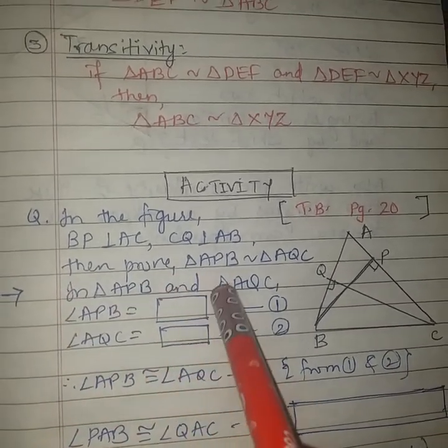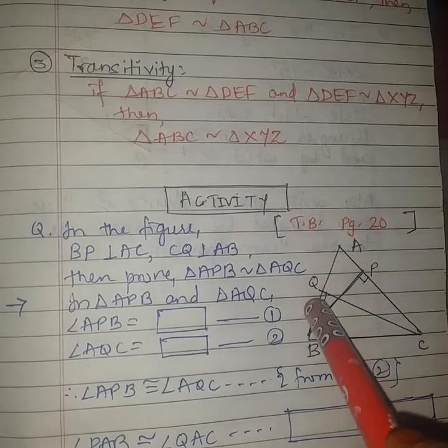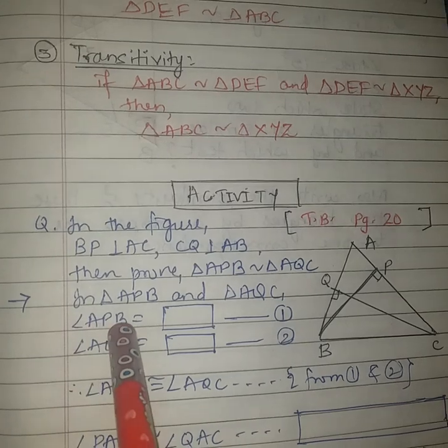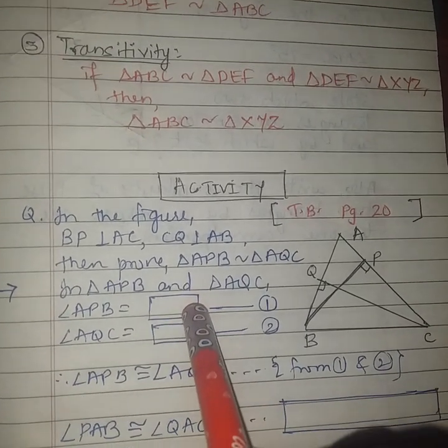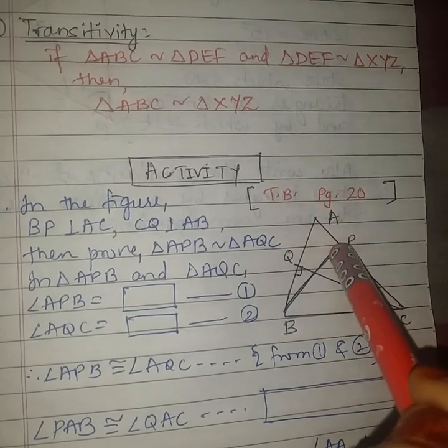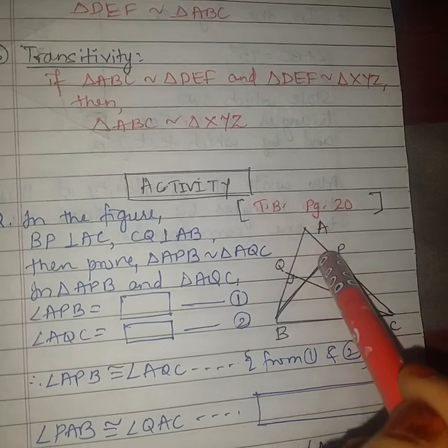In triangle APB and triangle AQC, in these two triangles, angle APB is equal to dash. So can you all just take it from the diagram? In triangle APB, they have given us the first right angle.